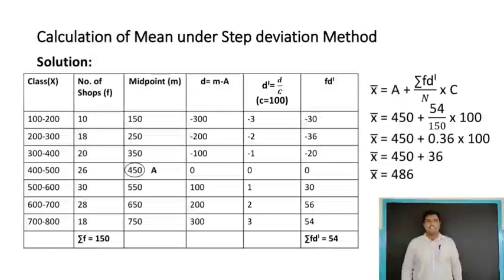So first I should multiply. So I'll multiply 0.36 into 100. I get 36. 450 plus 36 is equal to 486. So even in this method, I have calculated the mean is 486.